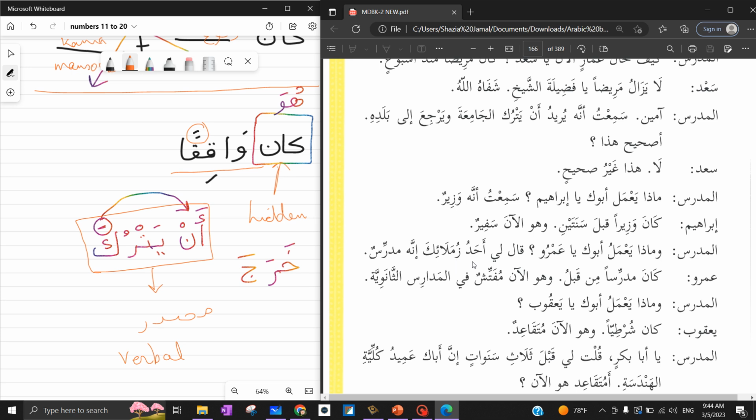This is a phrase that you should learn. It is the usage of ahadu. How you should use ahadu, it is in the idafa construction. Now qala li means he said. Who said? The friend said to me. Li means to me.